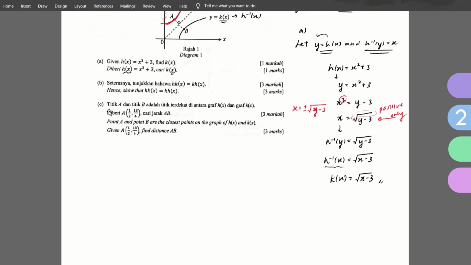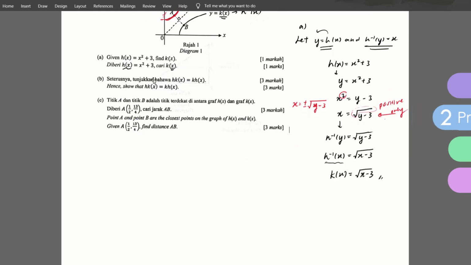Alright, part B: hence, show that hk of x equals kh of x. For this part, if I apply x into k, so k is our h inverse, and let's say it produces an image of y. If I use back the original function, I will go back from y to x, since it's the same function, so I get back my original object.